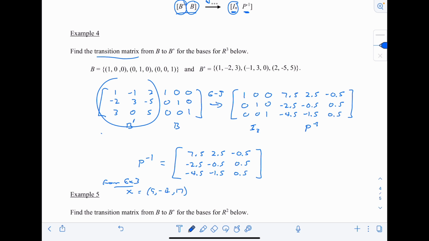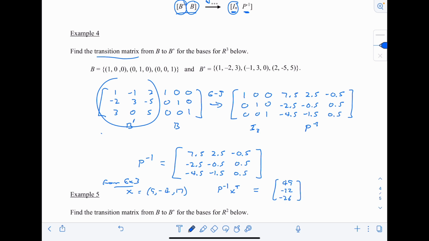If I take P inverse and multiply it by the transpose of x, obviously I can't multiply it by x as it is. It doesn't work. So I'd have to transpose it so I've got the right number of columns and rows. But if I do that, I get a column matrix 49, -12, -26.